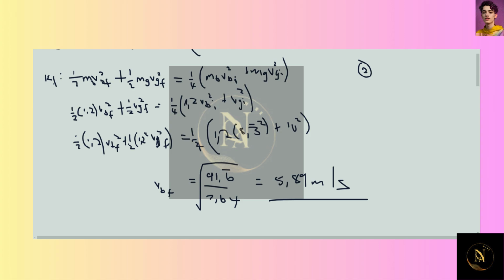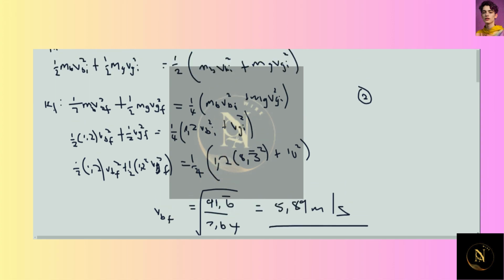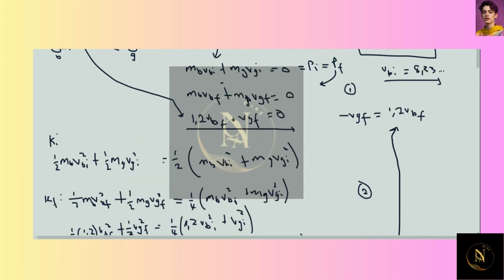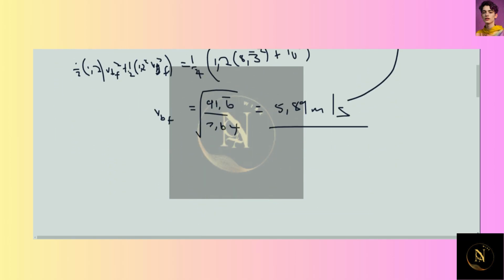That's vBf. And once you have vBf, you can now go all the way back to that equation to find vGf. So just multiply this by 1.2 and you get that vGf is actually equal to 7.07 meters per second.